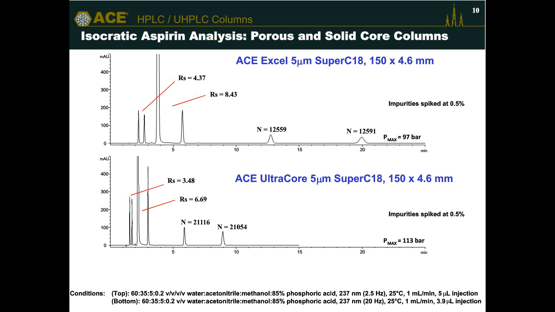And this is based on the reduced hydrophobicity of that solid core phase. Even though they've got the same chemistry, they've got the same bonding on there, you've got less hydrophobicity on that solid core phase. So you are reducing the runtime that way, but you're also getting big gains in efficiency.